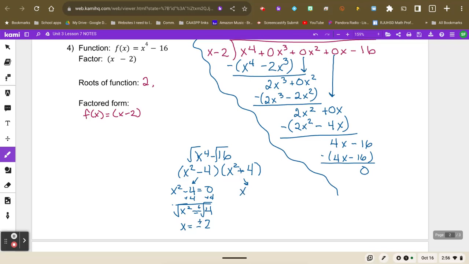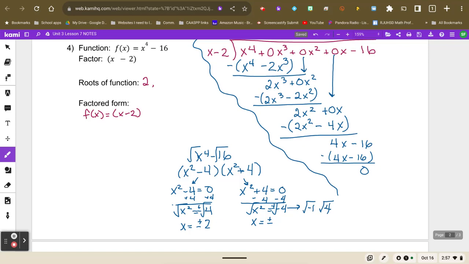Here we get x squared plus 4 equals 0, minus the 4. So x squared equals negative 4. Take the square root, plus or minus. And remember, the square root of negative 4 is the square root of negative 1 times the square root of 4.